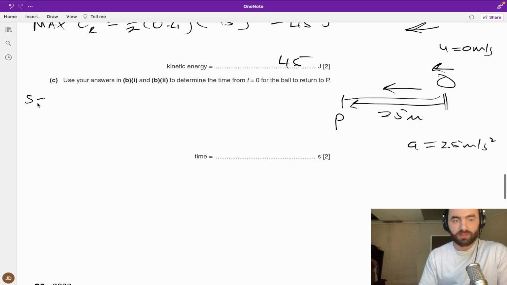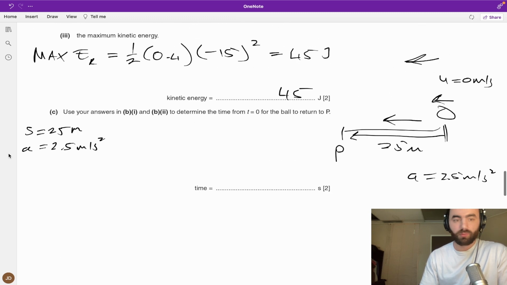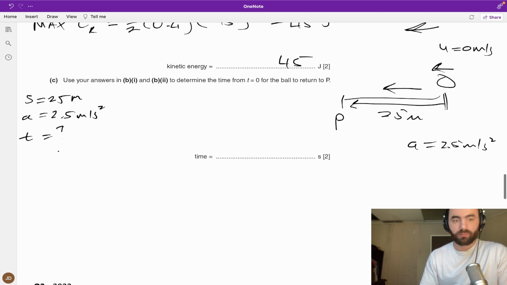So S equals 25 meters, A equals 2.5 meters per second squared. We want to find the time, and we have our initial speed, which is 0 meters per second. So from these, what equation can we use? Well, we have this one. For U, this is 0, so this will just go away.